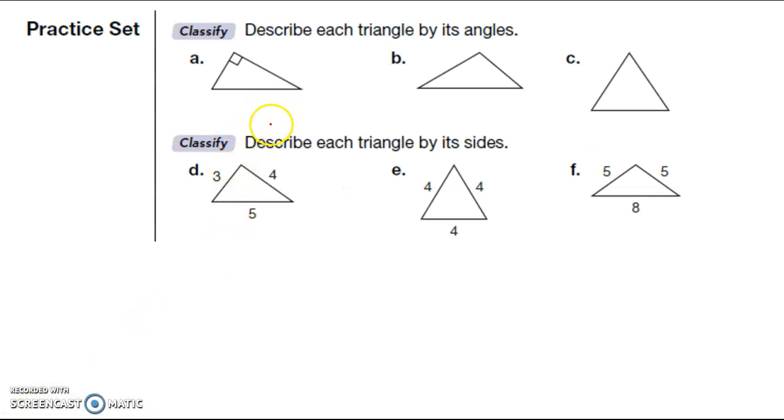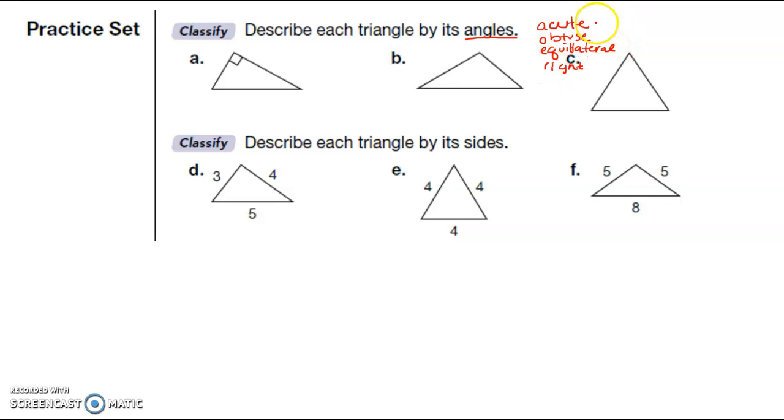Okay, so lesson 62 is all about triangles. And there are different ways we can describe triangles. We can describe them by their angles. So we can have an acute triangle, we can have an obtuse triangle, and we can also have a right triangle, my bad.